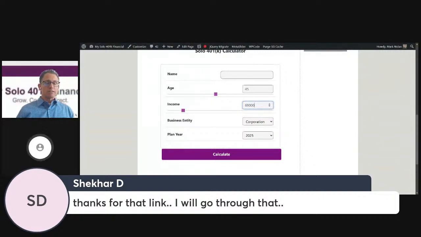So you could do the voluntary after-tax solo 401k contribution for 2024 and 2025 up to $69,000 and then convert it to the Roth solo 401k or Roth IRA, and that voluntary after-tax solo 401k contribution will count for 2024.